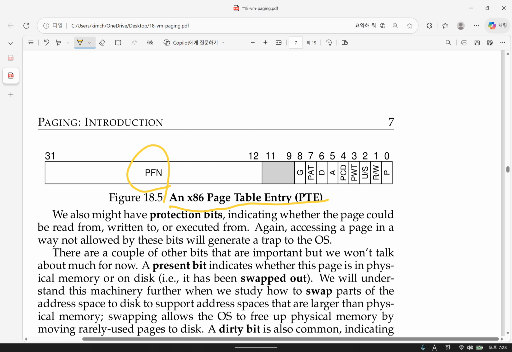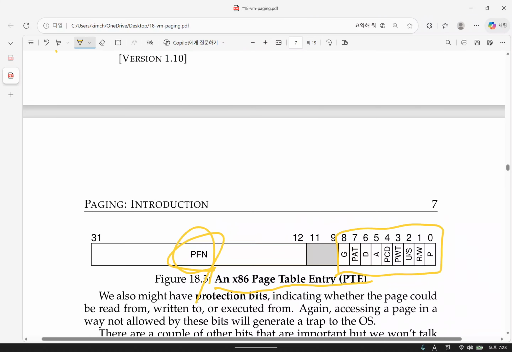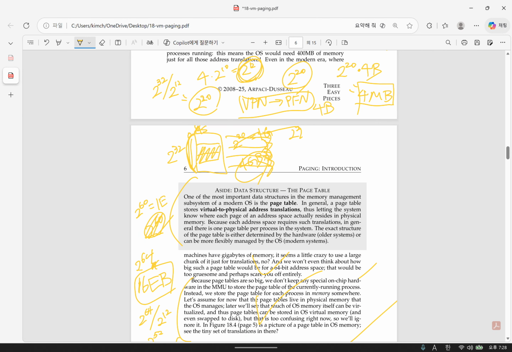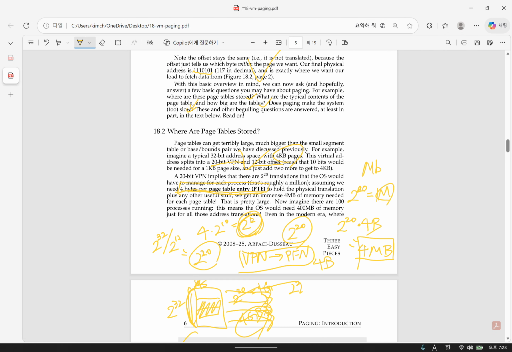We can see some familiar faces like the page frame number, which should be at the top, and then there are some strange things at the back. We're going to learn about these, and then hopefully we can tackle the problem that we used to have, which is that they're too big.